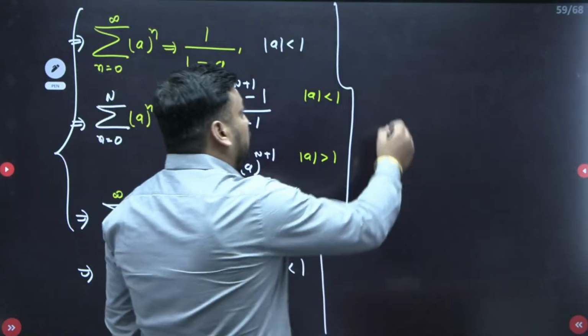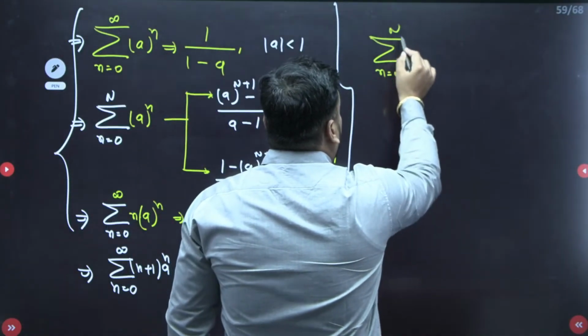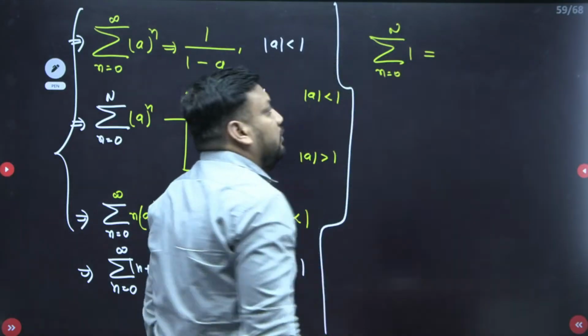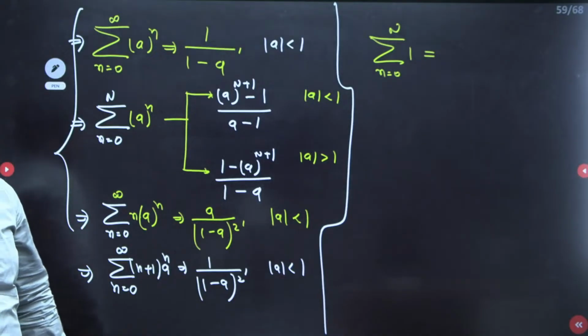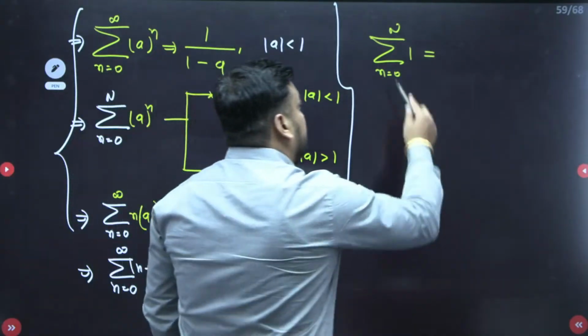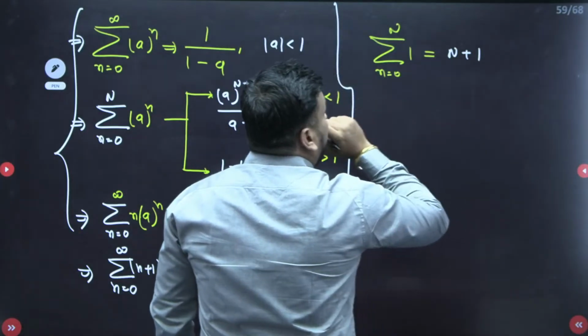How many of you know this formula, guys? Sigma of n equal to 0 to capital N of 1. Tell me what it is. Summation of 1 numbers. Don't you think it is upper limit minus lower limit plus 1? So it is nothing but capital N plus 1.